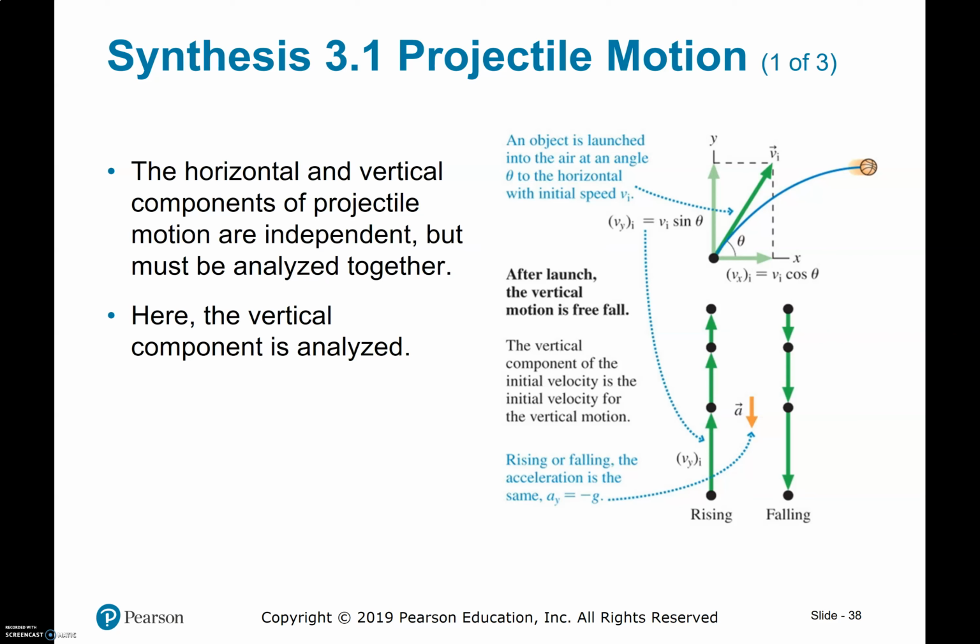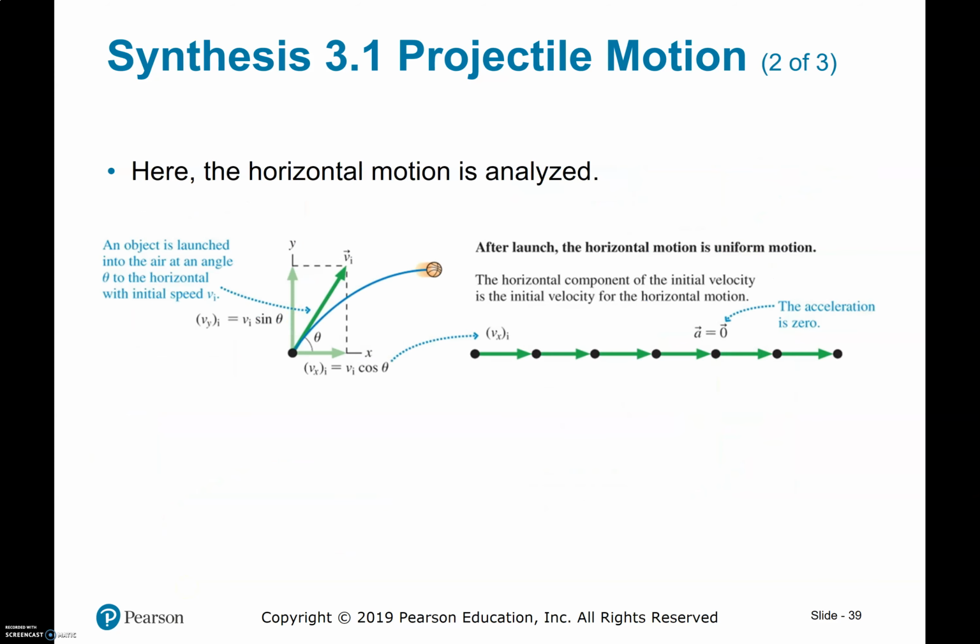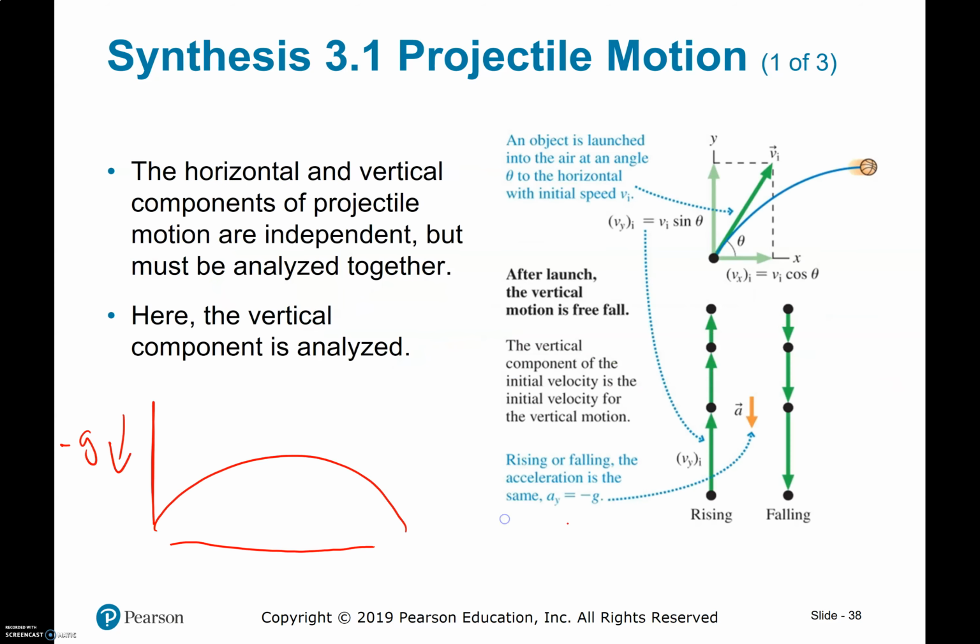So what we can say then is that a general projectile motion is composed of a free fall motion that has an acceleration of minus g, and a uniform velocity motion in the x direction. Okay, so the horizontal motion never changes, and here you can see the vertical motion is a free fall motion.